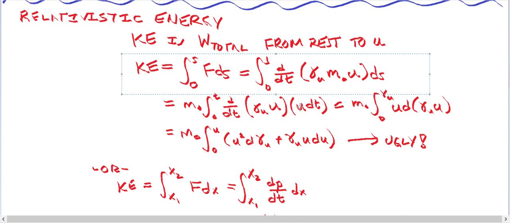We treat the mass as invariant in our approach, and so the mass can come out of the integral, and we get from 0 to t of d/dt of gamma u times u dt is m naught times u times d of gamma u from 0 to gamma u. We can take this apart, right?